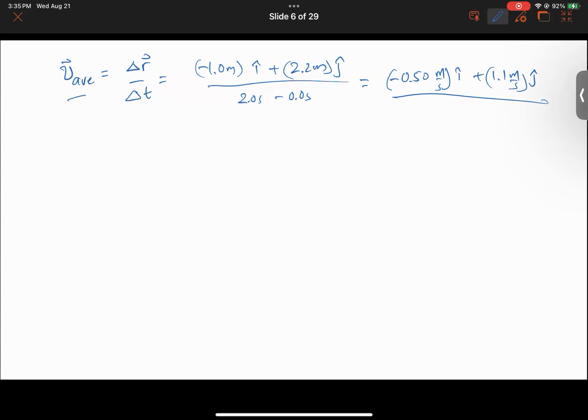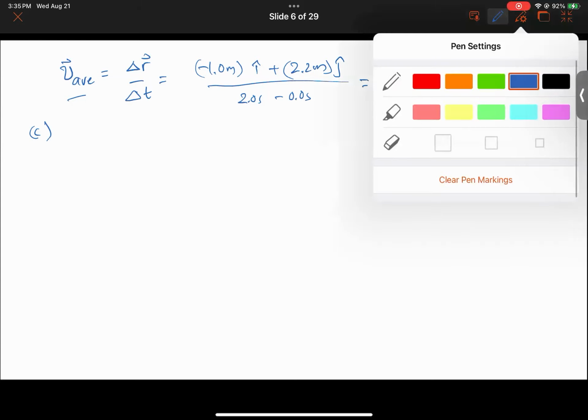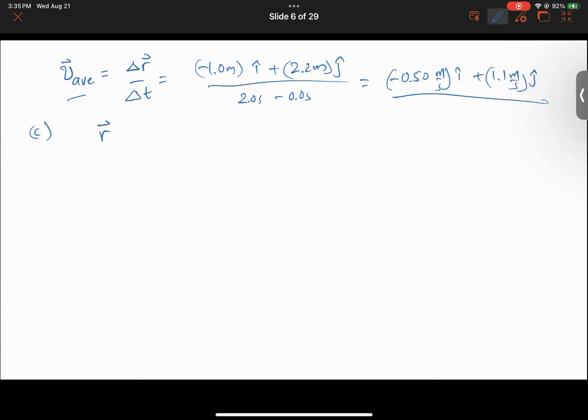Then yung sabi dito is find the general expression for the rover's instantaneous velocity vector v. So sa letter C, we are supposed to find a general expression for the rover's instantaneous velocity vector v. So we begin with yung position vector. The position vector is x i hat plus y j hat. Bakit tayo dyan nagsisimula?